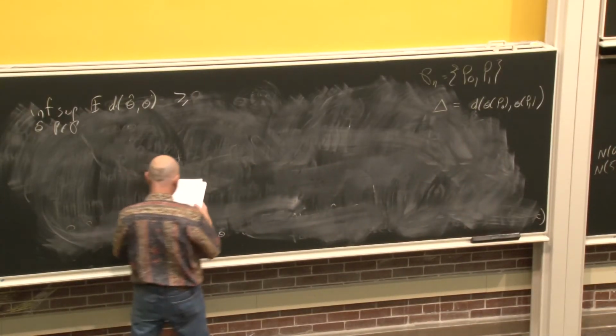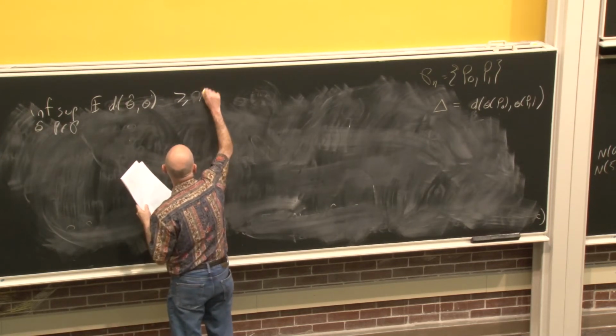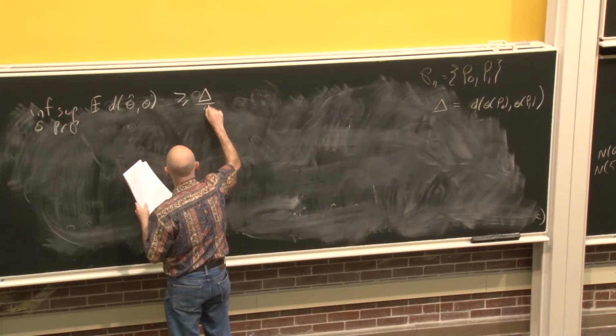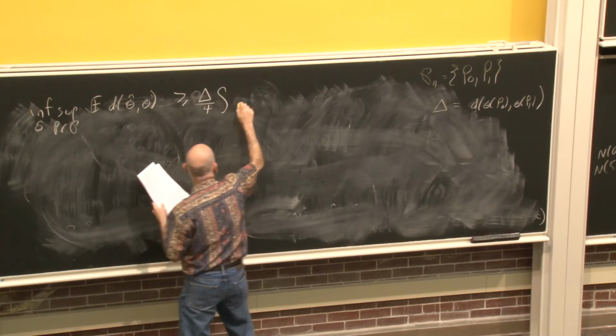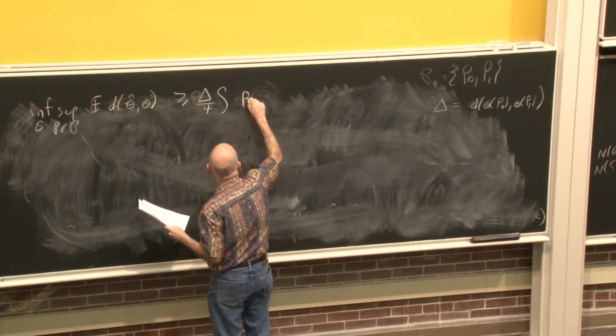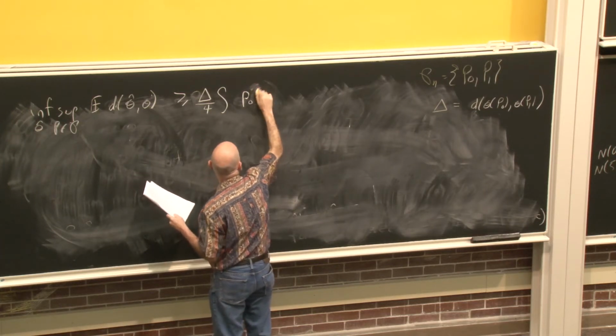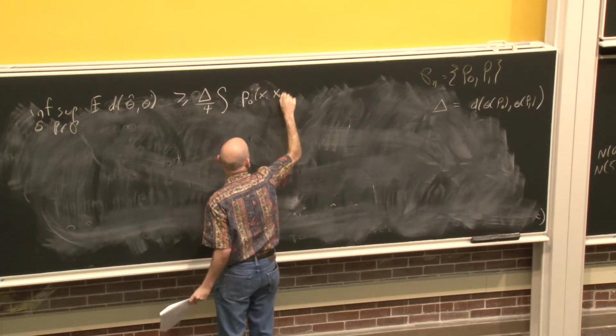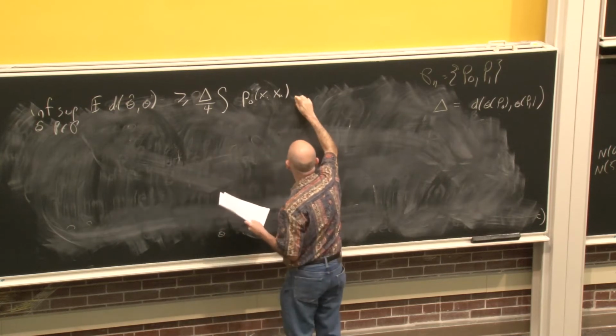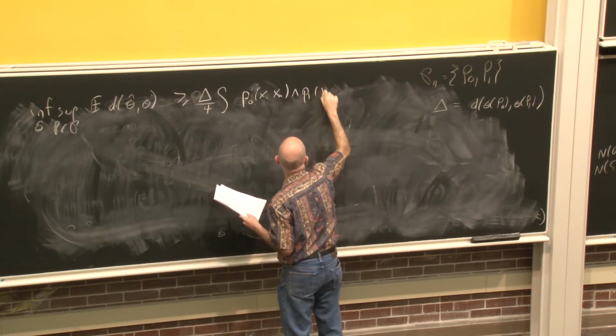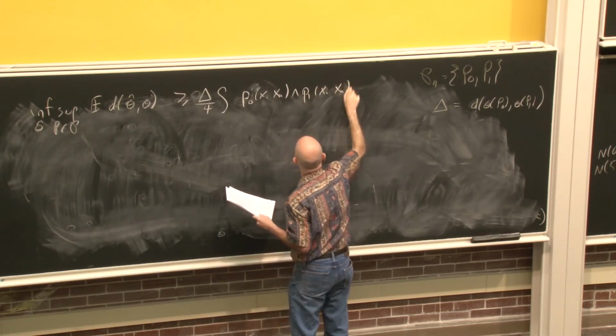And Le Cam's lemma says that this is bigger than or equal to delta over 4 times the following quantity. This is the product density. Let's just write it out completely: the integral of the minimum of P0 at x1 through xn and P1 at x1 through xn.